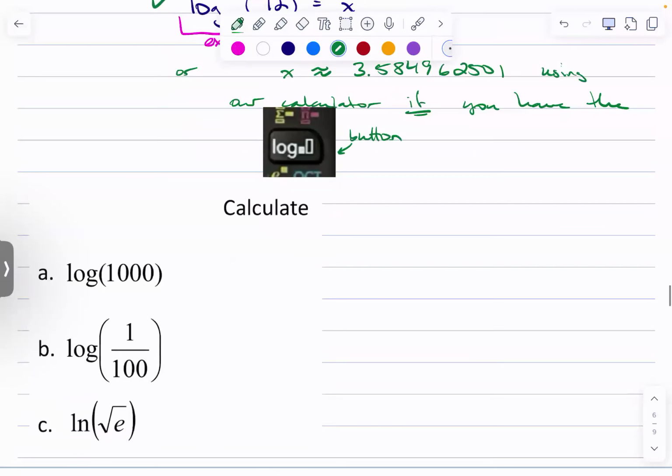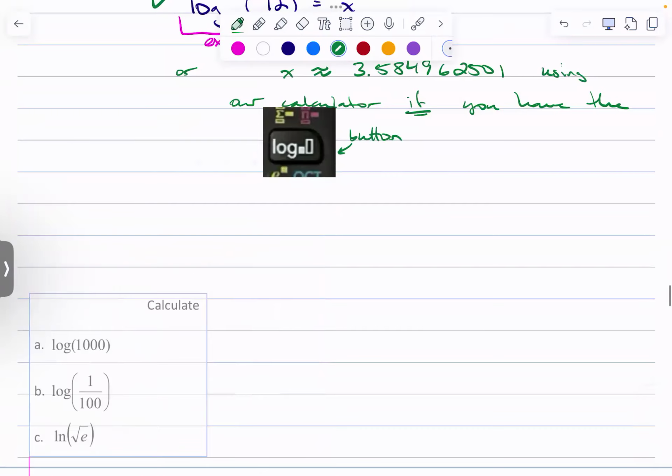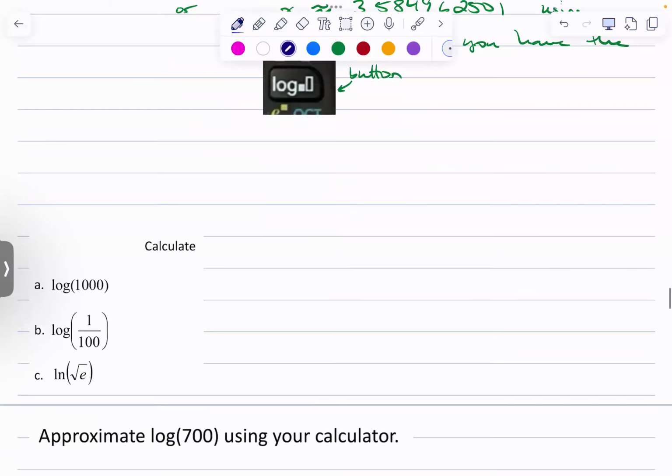First, before we do this, there are two popular bases we use for logarithms.